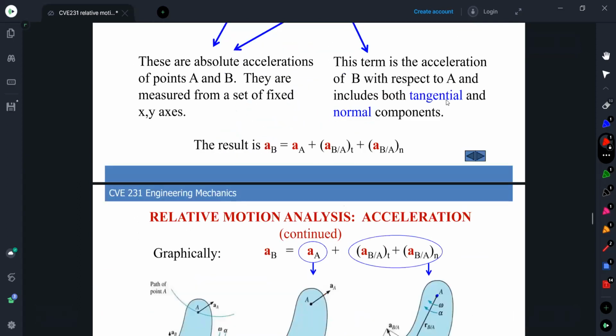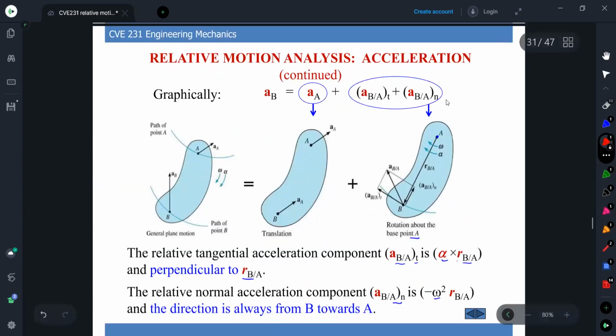If we consider this graphically, body AB undergoes general plane motion. It is composed of translation and rotation about a fixed axis. Now we consider point A as the base point.